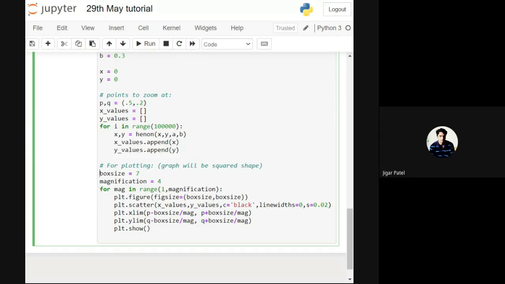So block size is nothing but the figure size, and the x limit is now the point I want to focus at. So p comma q is the point I want to focus at. In this case, it is 0.5 and 0.2. So these points will be at the center of the figure, and I have adjusted the x limit so that they are in the center.